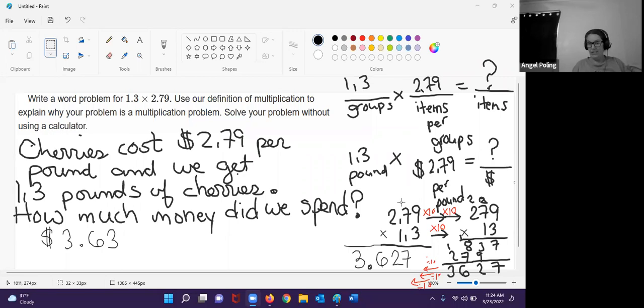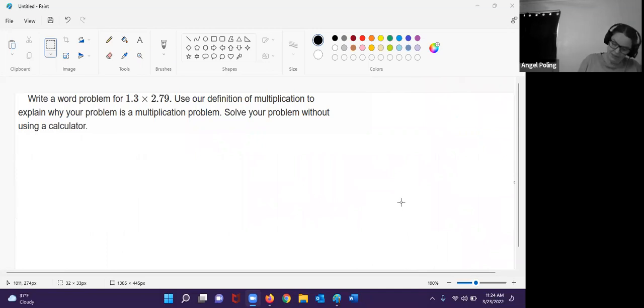Another way that we show the standard algorithm working, in addition to this side method here, is improper fractions, as a way of showing the ignoring of the decimals and multiplying as if they were whole numbers when we multiply decimal numbers.